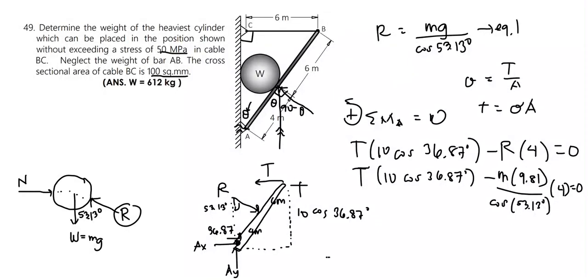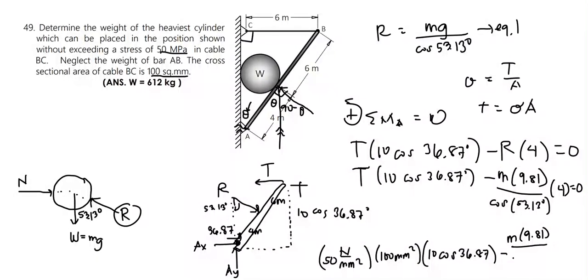So we have a stress of 50 megapascals or Newton per square millimeter times the area of 100 square millimeters. Multiply this by the moment arm distance of 10 cosine of 36.87 degrees, minus the mass times gravitational acceleration divided by cosine of 53.13 degrees times 4, all equal to 0.